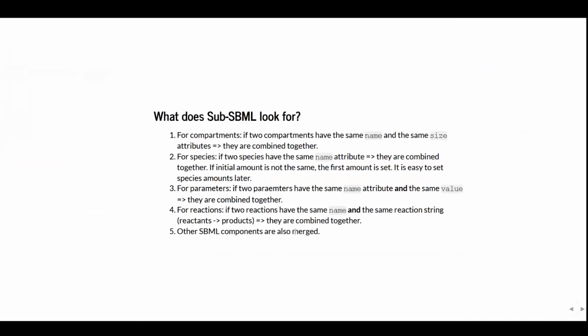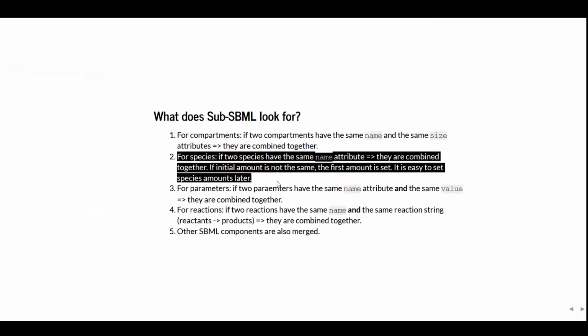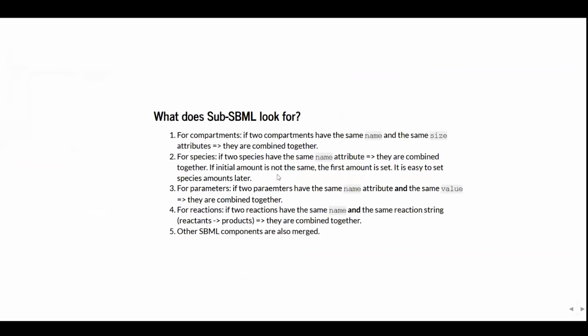When all of this was happening, it's important to know what exactly is going on underneath. So for compartments, if two compartments have the same name, they are combined together if they also have the same size. For species, and this is probably the most important, if they have the same name, they are combined together as well.